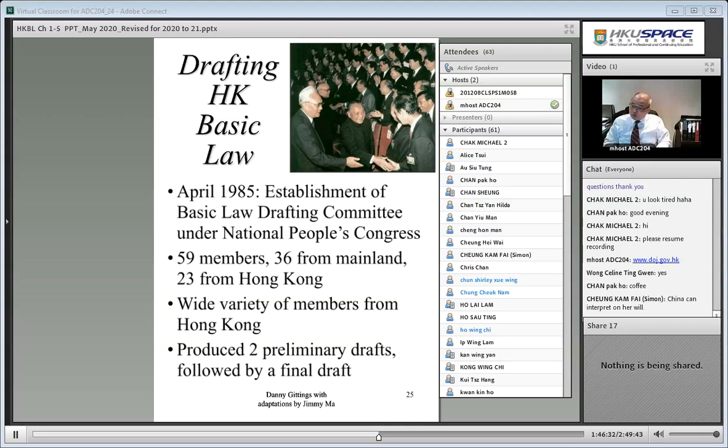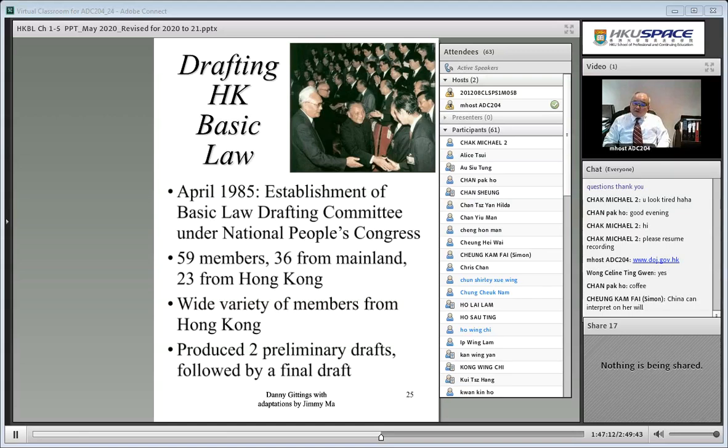That is what was undertaken in the Joint Declaration with the UK government, and so to take on this drafting function, it is the natural event that happens following the signing of the Joint Declaration, because it's China honoring its promise.